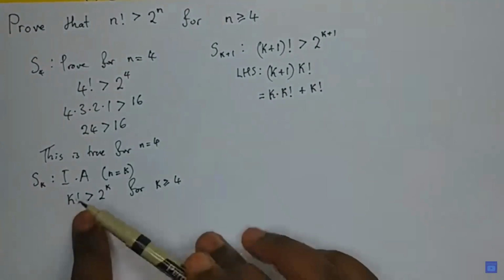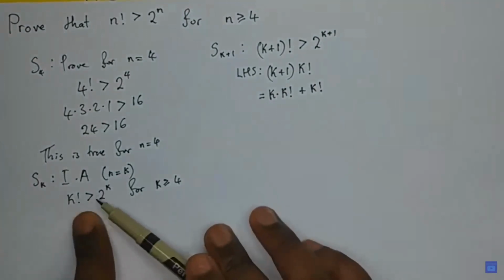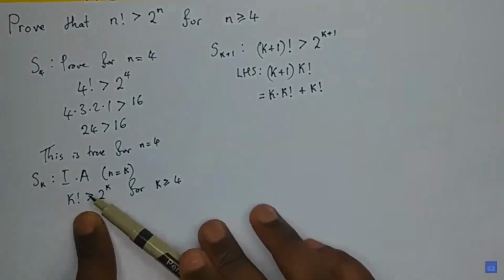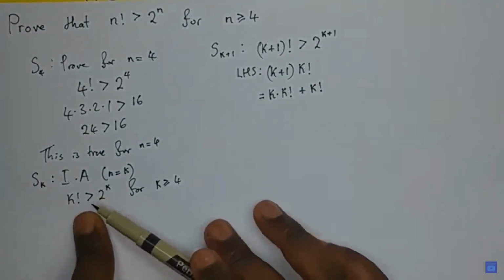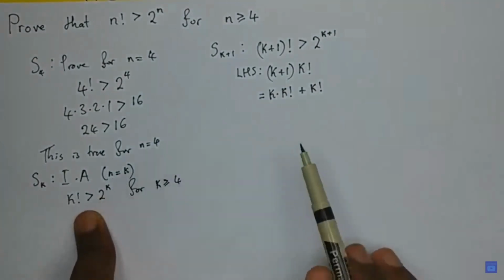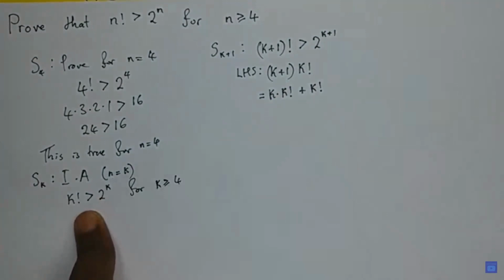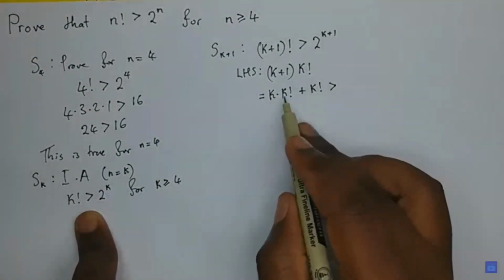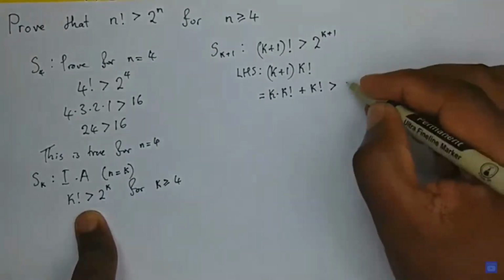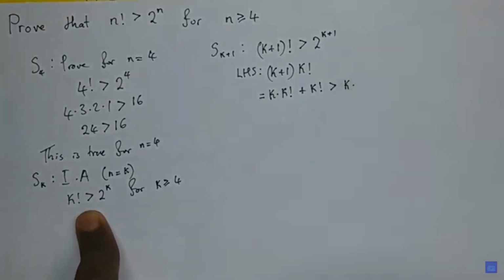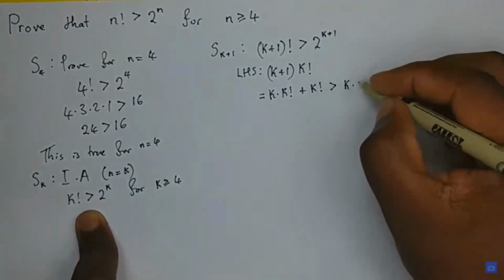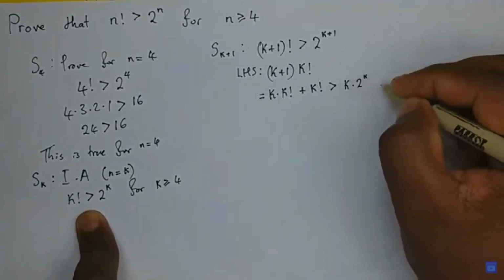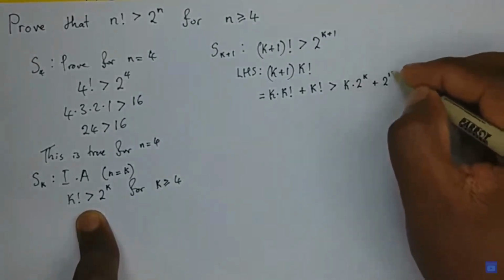In the assumption, we're told that k factorial is greater than 2 to the k. So since k factorial is greater than 2 to the k, it means that this whole expression that we've written here is greater than, where there's k factorial, we're going to replace it with 2 to the k, so we have k multiplied by 2 to the k, plus 2 to the k.